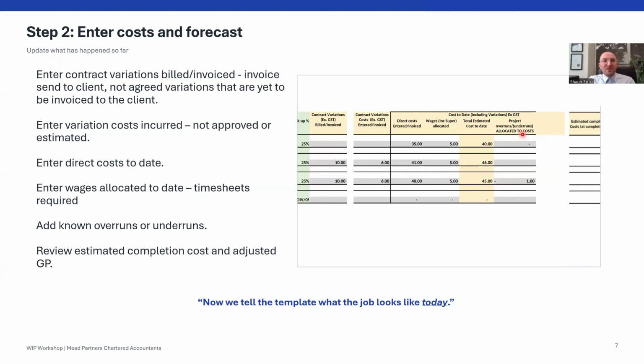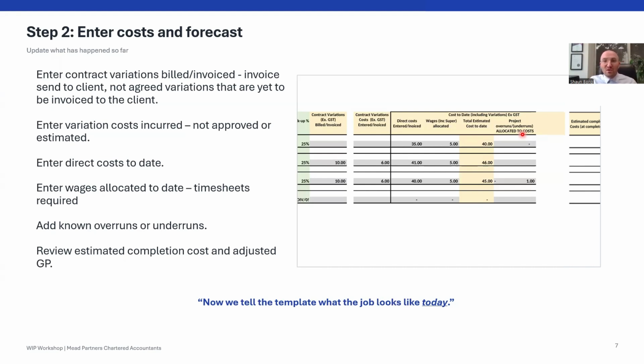With this column here, just to give you an example, if in your original estimation you had allowed 20K to prepare a site and it ends up costing 15K, that 5K is an underrun or saving.